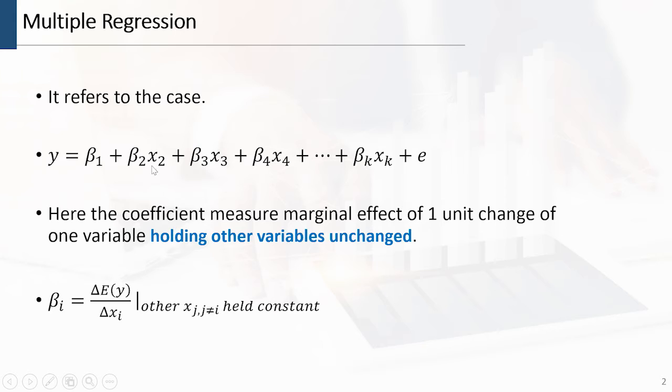And here, because there are multiple x variables, when you explain it, you should say that the marginal effect is: when x increases or changes by one unit, what is the change of y, holding other x's, holding other independent variables unchanged. So make sure that when you explain the marginal effect, you highlight that this is the marginal effect holding other things equal.